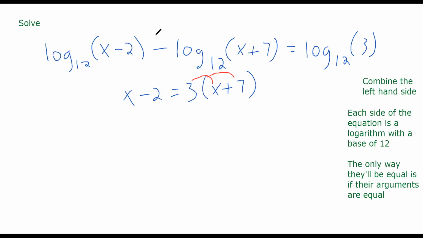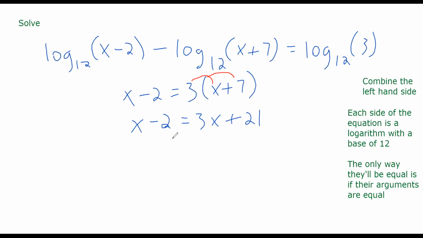I'm going to distribute this 3 so that everything gets on the same playing field. So x minus 2 equals 3x plus 21.